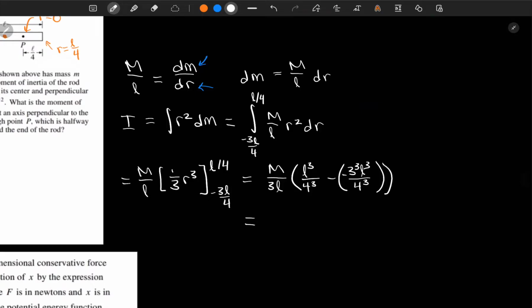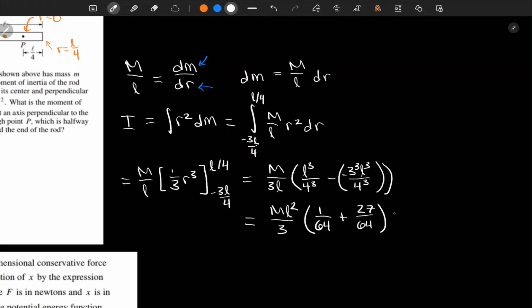Then, simplifying this, we can pull out an L cubed, and the negatives cancel to become a positive. So we have m L squared, because the L in the denominator cancels with one of the L's that we've pulled out, divided by 3 times, well, 4 cubed is 64, plus 3 cubed, which is 27, over 64.